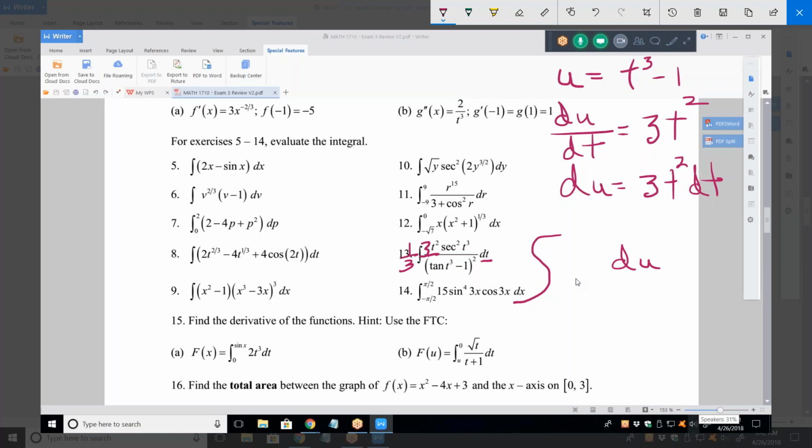Now I still have my secant squared of t cubed to deal with, but down here I've got tangent squared of u.